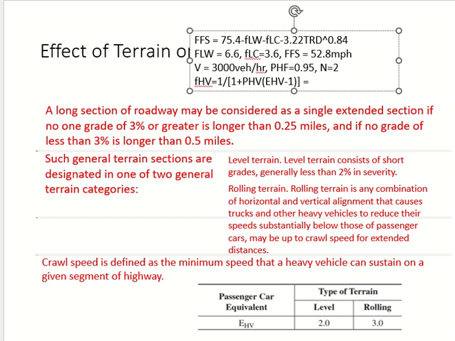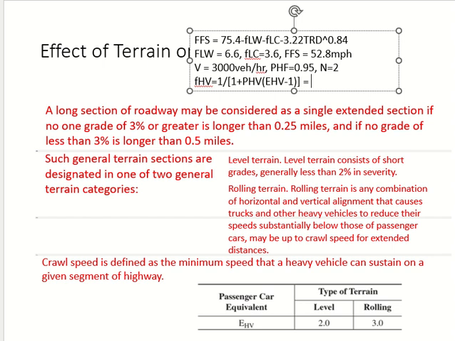Okay, 2% trucks and EHV 3. How much is the factor for heavy vehicles? EHV is this one, right? Rolling terrain. 2% means 0.02.